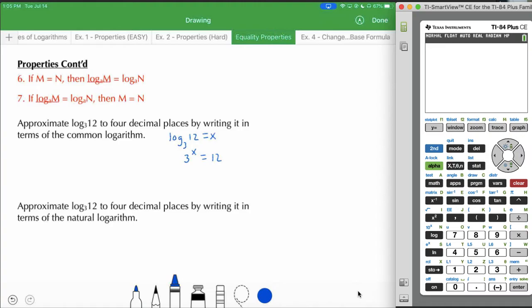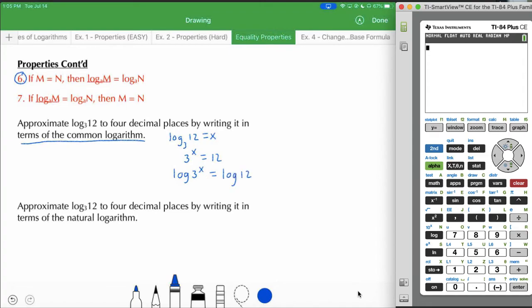And then when it says approximate this by writing it in terms of the common logarithm, okay, what that means is it wants me to use this property right here. I have two expressions that are equal to each other, so that property states that I can take the common logarithm of both sides.